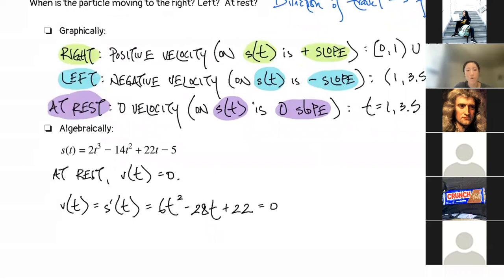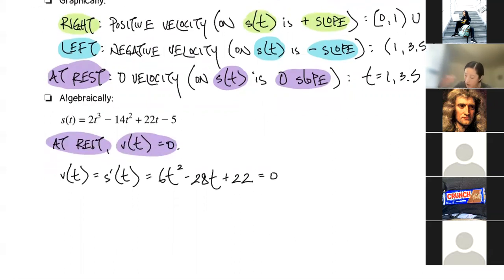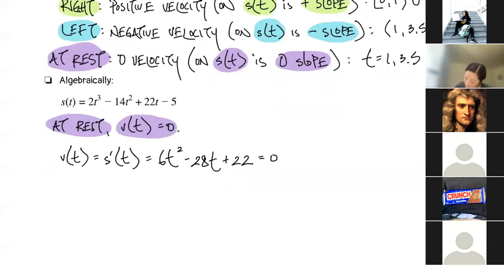Because if I can find out the t values that make this 0, then I know when the particle is at rest, okay? And so in our continuing theme, we've got our particles at rest when that velocity equals 0.